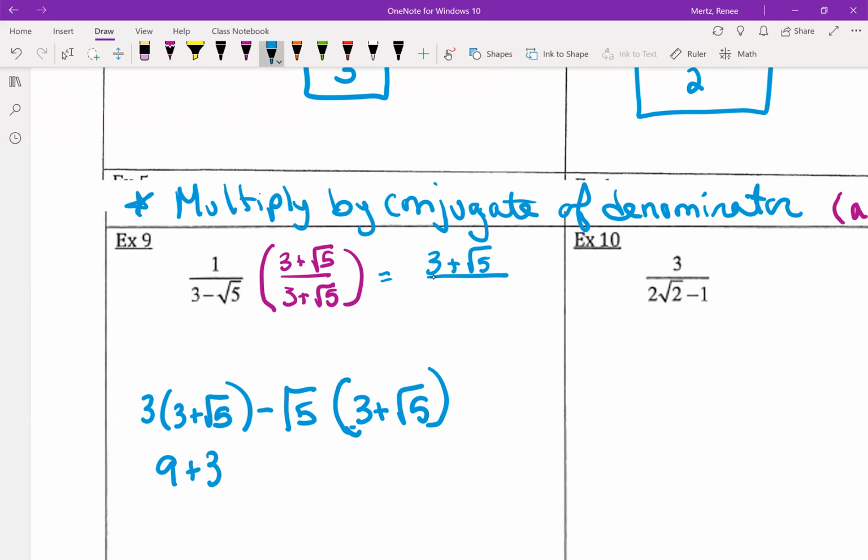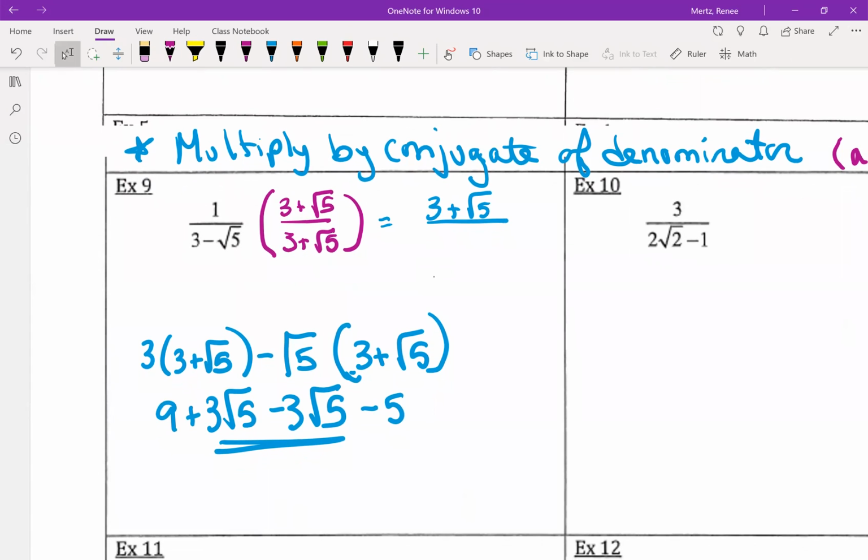We get plus 3 radical 5 minus 3 radical 5. That's going to happen every time. That's the mission. Radical 5 times radical 5 is negative 5. Anytime we multiply a radical by itself, it's just that number, because the square root of 25 is 5. So the bottom becomes 9 minus 5, so it's over 4.